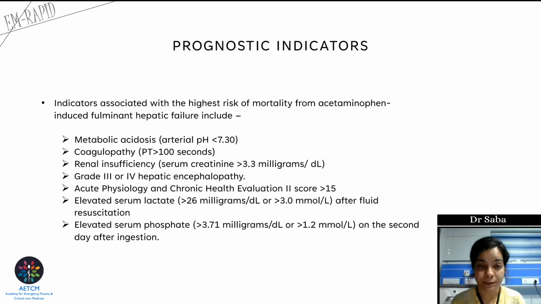the patient has landed up with renal failure with serum creatinine being more than 3.3 milligram per deciliter, or if the patient has slipped into encephalopathy of grade 3 to 4, or if APACHE score is more than 15, or if the patient consistently has elevated serum lactate of more than 26 milligram per deciliter or more than 3 millimole per liter despite fluid resuscitation, or if the patient has hyperphosphatemia with phosphate levels more than 3.71 milligram per deciliter or more than 1.2 millimole per liter on the second day after ingestion.